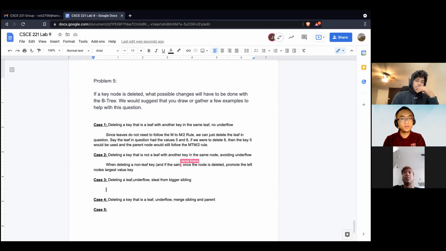What is underflow when he's referring to? I think that's when the M over 2 rule gets violated. So for example, on the 5 and 6, if the 5 didn't exist, the parent wouldn't have a child anymore. And so there's an underflow.